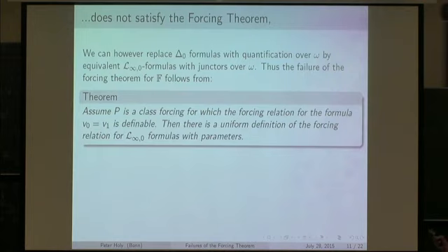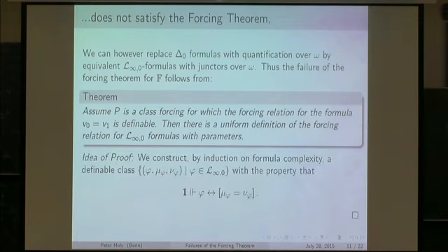And then the failure of the forcing theorem for this forcing is a consequence of the following theorem, which says that assume P is a class forcing for which the forcing relation for the equality V0 equals V1 is definable. Then there's a uniform definition of the forcing relation for infinitary formulas with parameters.